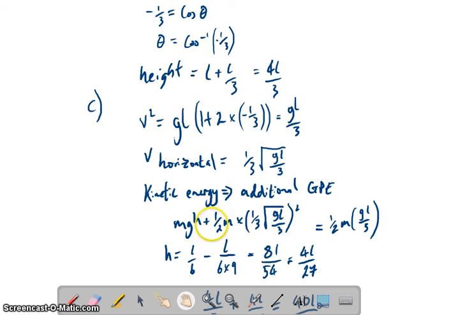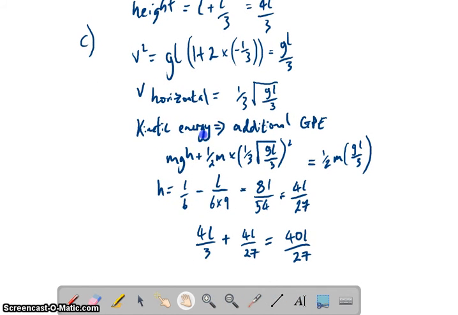Now at a certain point, when the string goes slack, you will lose some gravitational potential energy. When the kinetic energy goes to a certain value, the gravitational potential energy must have gained that value. So by keeping those constant, mgh is equal to half of the kinetic energy. So we have that here.